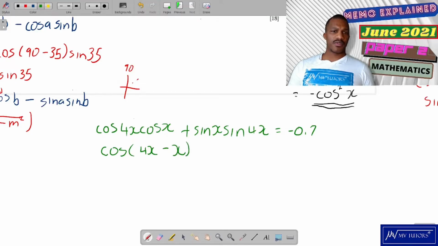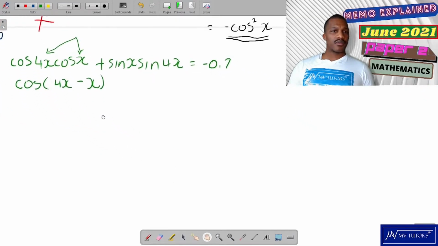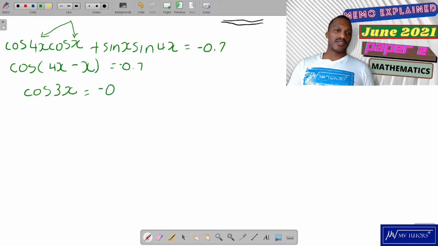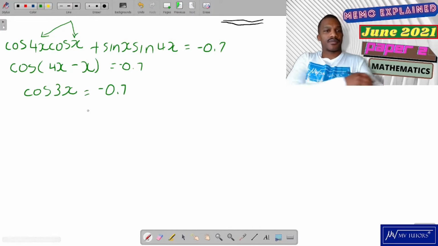They're coming from these things over here. And there's a plus, so the plus for a cos is a minus when compounded. So from there we can continue. That equals minus 0.7. So finally this is cos(4x minus x), which is cos 3x, equal to minus 0.7.